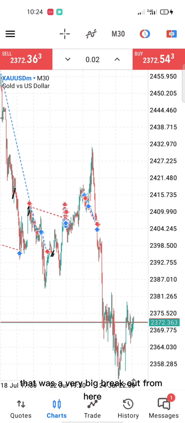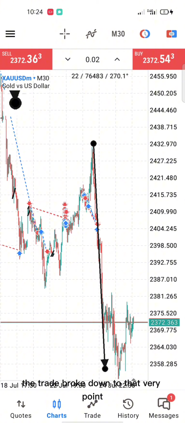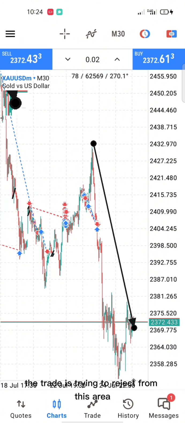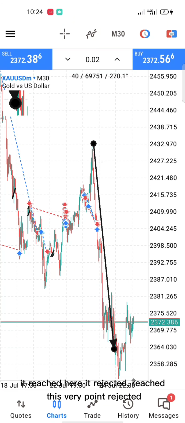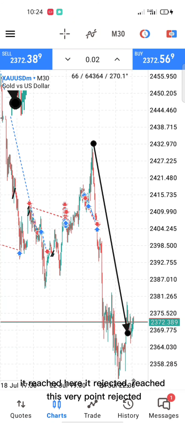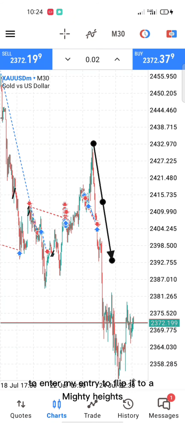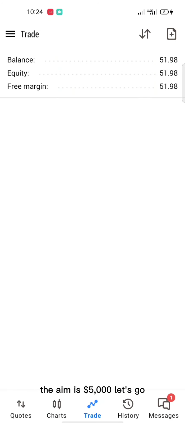That was a very big breakout from here. The trade broke down to that point, and currently the trade is starting to reject from this area. The trade rejected here, and because of all this analysis I'll take my entry to flip it to a mighty height. The aim is $5,000. Let's go.